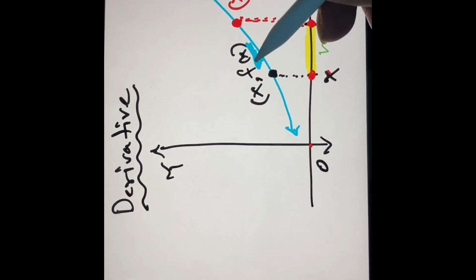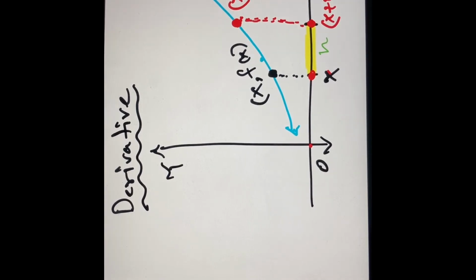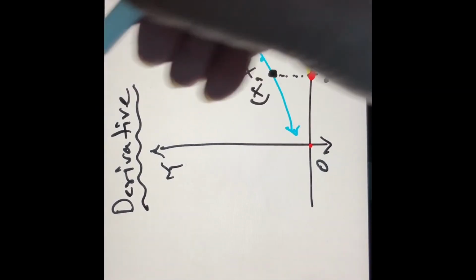All right, so once I have 2 points, I hope it makes some sense. So now let me give you the derivative definition, and I hope it will make some sense.